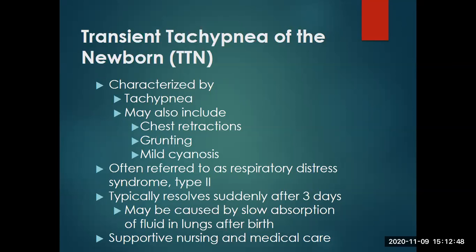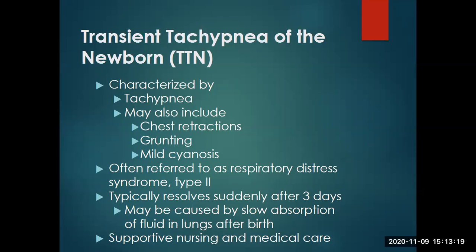Transient tachypnea in a newborn usually occurs after a cesarean section birth or rapid vaginal delivery of a term infant. It's going to be characterized by the tachypnea, and that also may include chest retractions, grunting, and also mild cyanosis. The condition is often referred to as the wet lung or respiratory distress syndrome type 2.